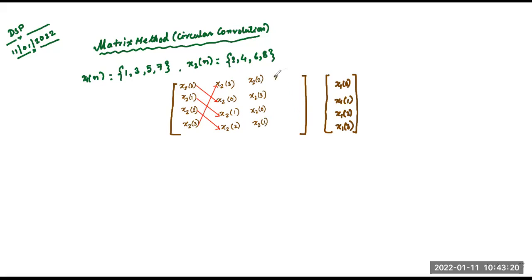Next again, x21 will be on top, then x22, then x23, then x20. What will the next bit be? No, because if I shift again, it will be the same as the first arrangement. If I put x20 here, then x21 will come down, x22 will come down, and x23 will come down, which is the repetition of the first one. So I will stop up to this.